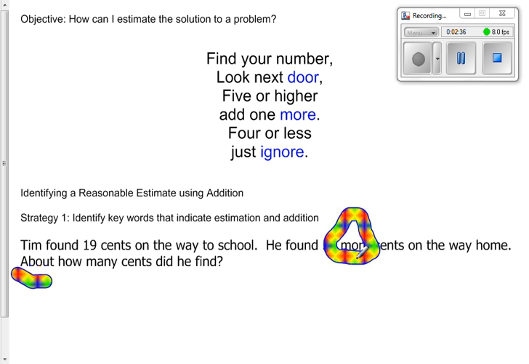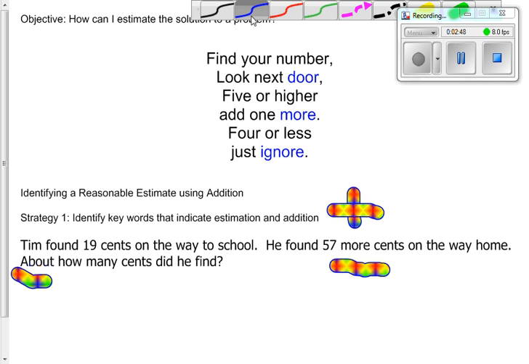Uh-oh, where did it go? The word more is telling us that we should be adding. And I think I need to use another pen here. Let's try this one. Perfect. So then we can decide, so what is it that we are adding and rounding?